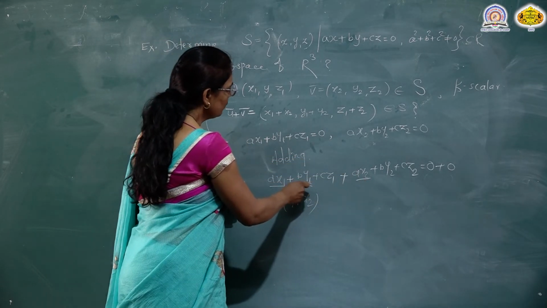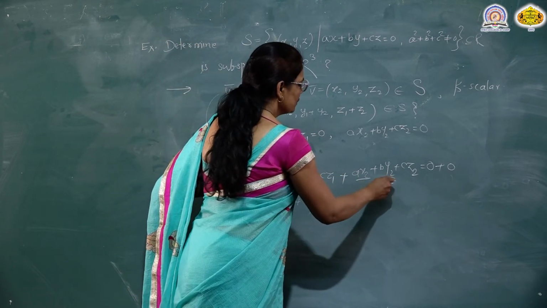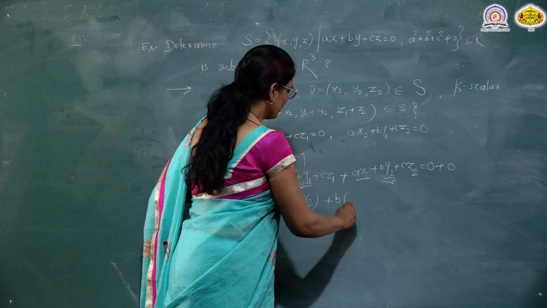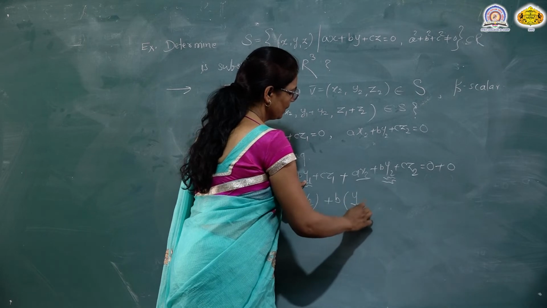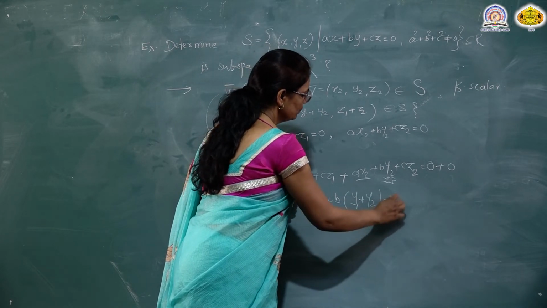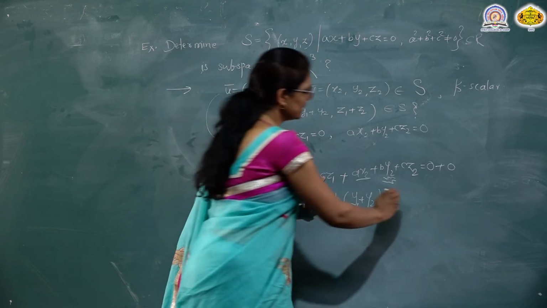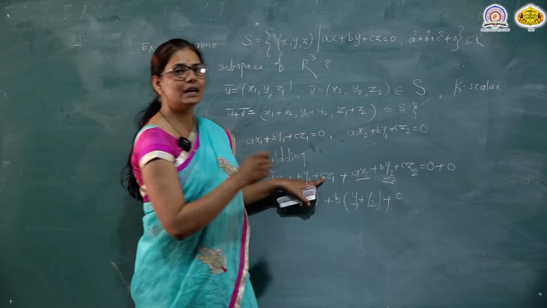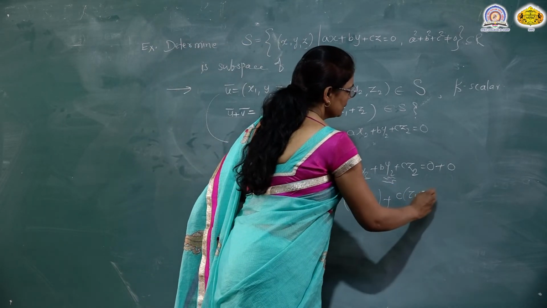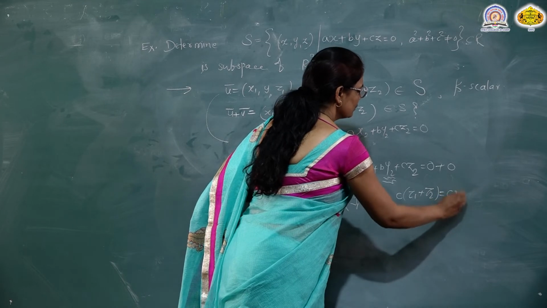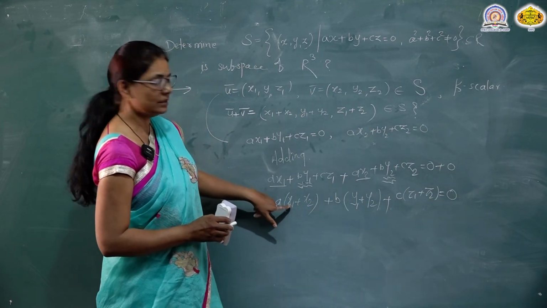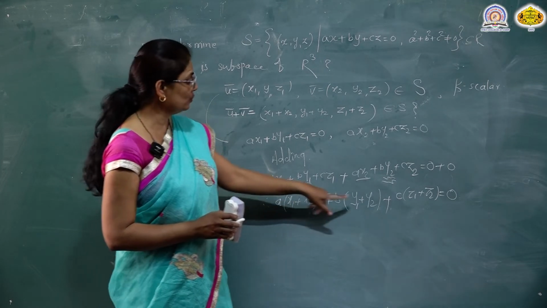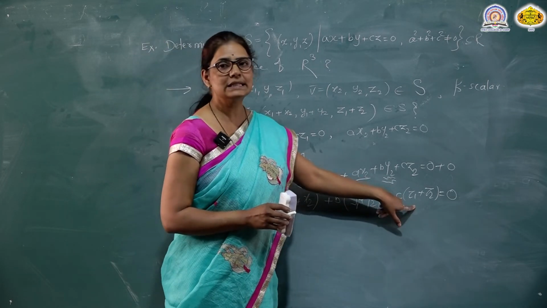Now combine the terms of b: from these two terms we can take b common, the remaining terms being y1 and y2. And from the remaining terms we can take c common, the remaining being z1 and z2. So a times x1 plus x2 plus b times y1 plus y2 plus c times z1 plus z2 equals 0. So we can observe that this triplet x1 plus x2, y1 plus y2 and z1 plus z2.